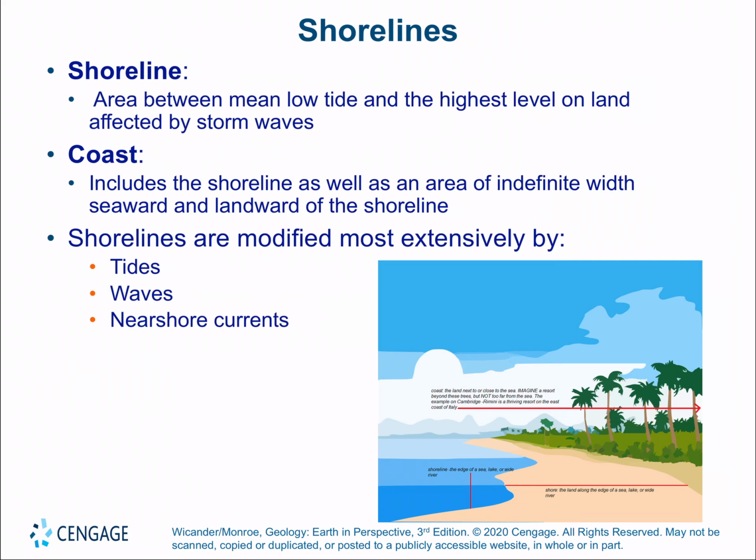And your shorelines are modified extensively by tides, by waves, as well as near-shore currents. So the picture on the bottom right shows the shore, the coast, and also the shoreline.